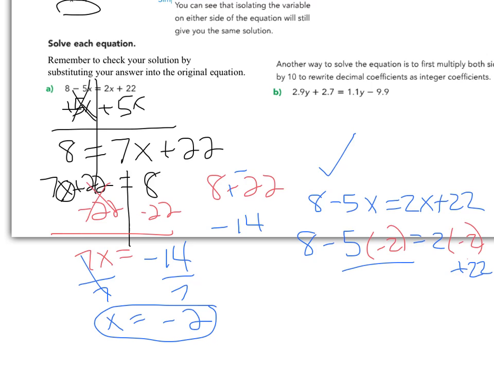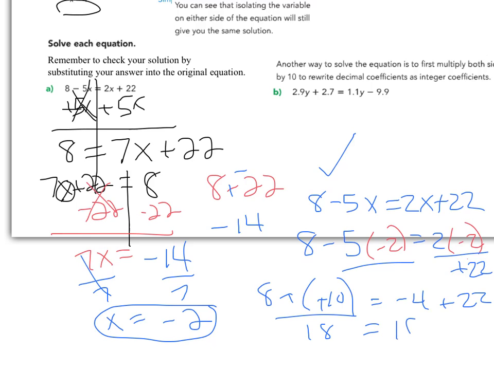I'm going to start with my multiplication. 8 minus 5 times negative 2, negative 10, equals 2 times negative 2 is negative 4 plus 22. This is going to give me 18, and this is also going to give me 18, so therefore we did it correctly.